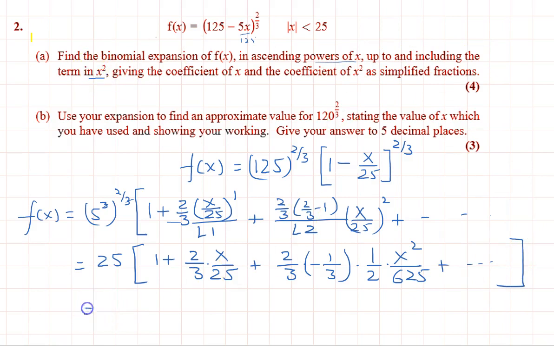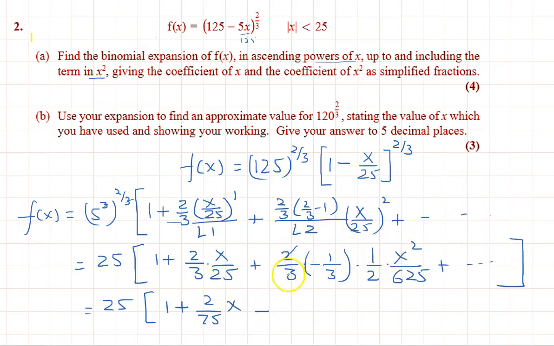So this will be 25 times 1 plus 2 over 75 x. Now there's one negative here, so it's going to be negative.